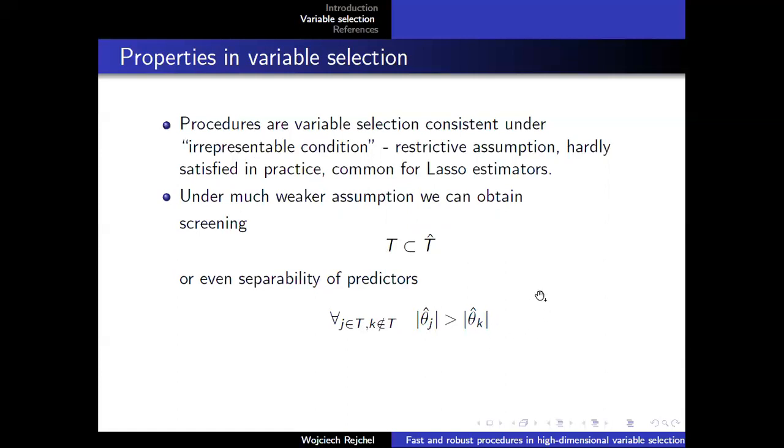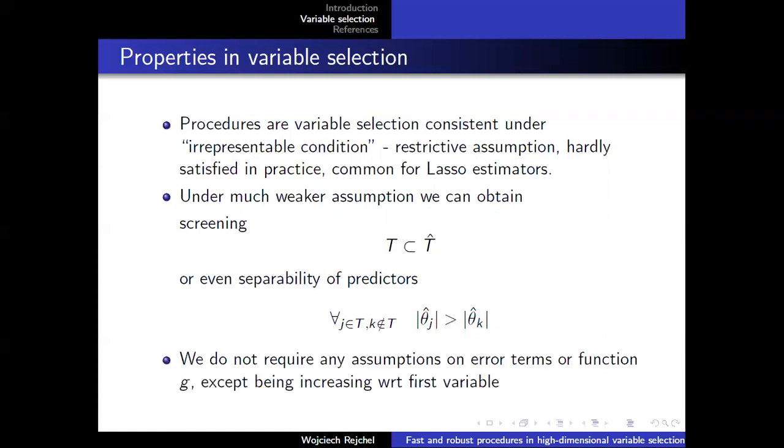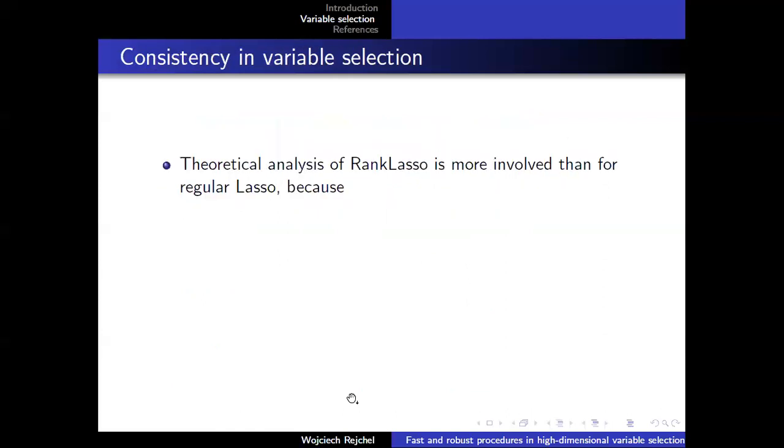Okay, so this is standard for lasso estimators. However, using ranks, we are able to obtain such results without any assumptions on error terms or the function g. We only need that the function g is increasing with respect to the first variable.